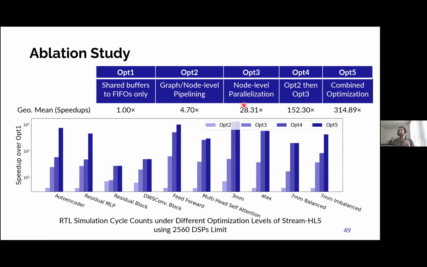And then if we just did node level parallelization, we gain 28x. And then if we did opt2, then opt3, solving them in separate ways, we get 152x speedup. And as I mentioned, if we did the combined optimization, we will have the best performance.